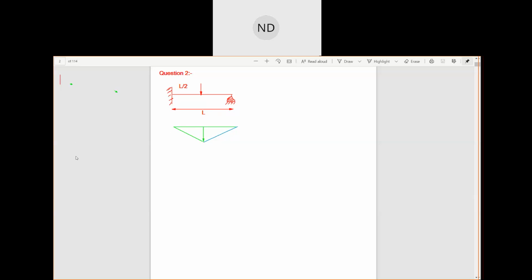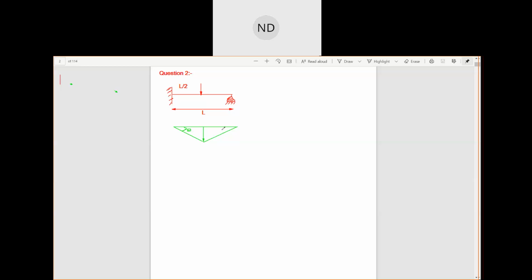Here, this is your theta. Since it is at the center, the point load is at the L by 2 distance from both the ends. So we can consider this to be theta.